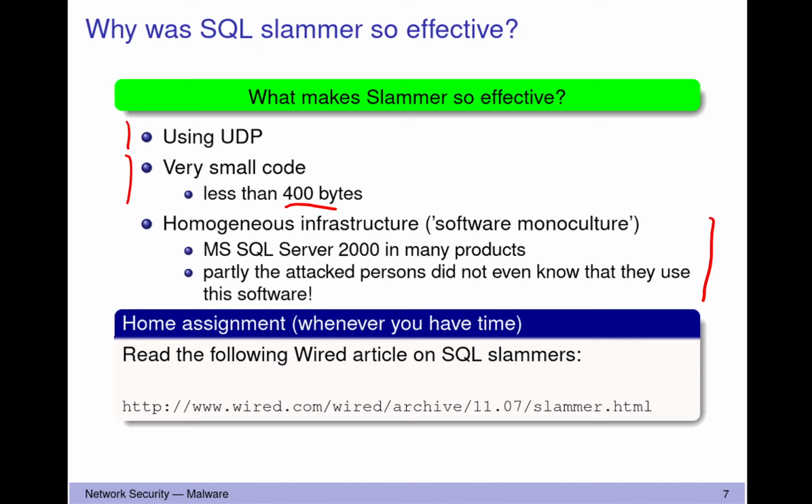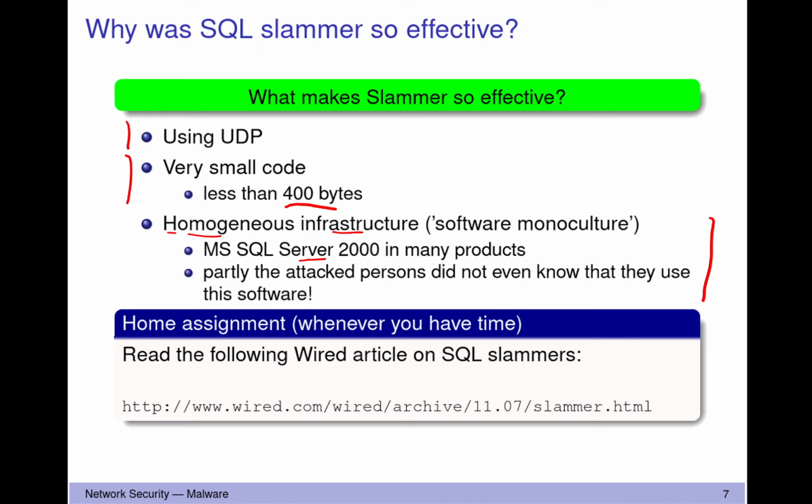And because there was a homogeneous infrastructure, the server was in quite many products, well spread, with the same vulnerability, it was likely to find an IP address that was also vulnerable and affected and could then be used as an SQL Slammer.